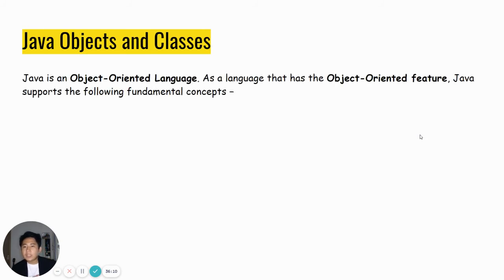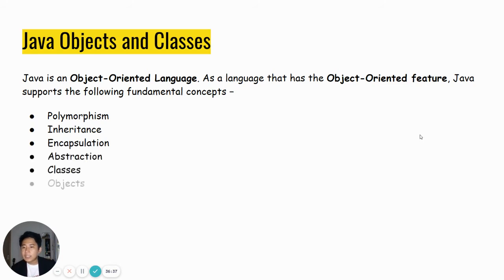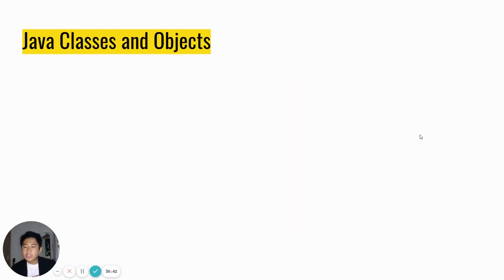So Java objects and classes. Java is an object-oriented programming language. A language that has object-oriented features, Java supports the following concepts: polymorphism, inheritance, encapsulation, abstraction, classes, objects, instance, method, message passing.